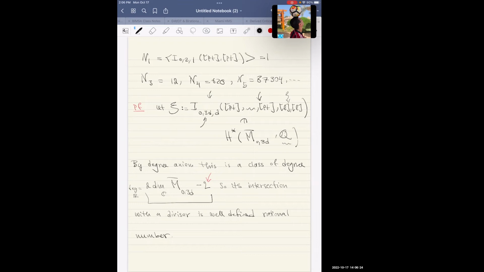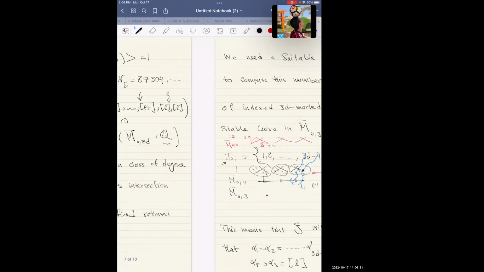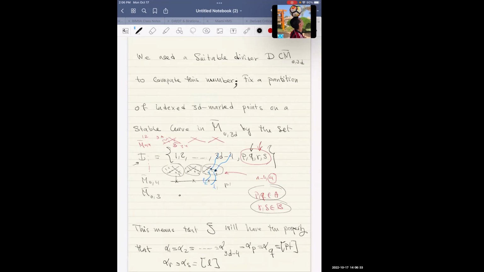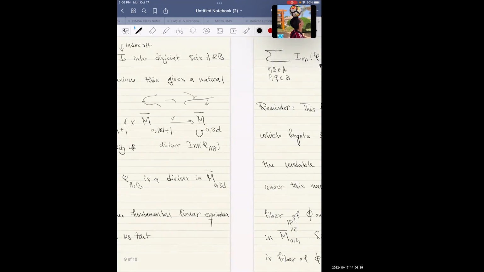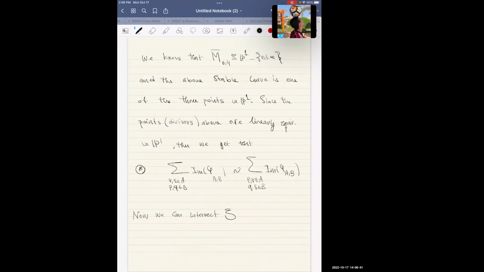They are given by fibers of M bar 0 3D over M bar 0 4 over the points that give us these configurations. Okay. So now we can intersect. Let's intersect sigma with those divisors, with the linearly equivalent divisors in the star. So let's do that. Okay.